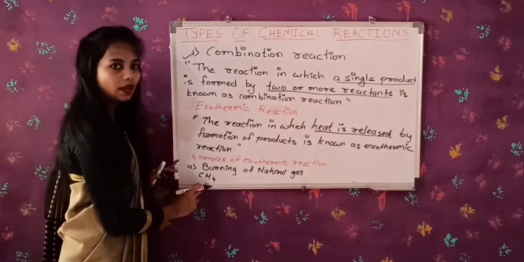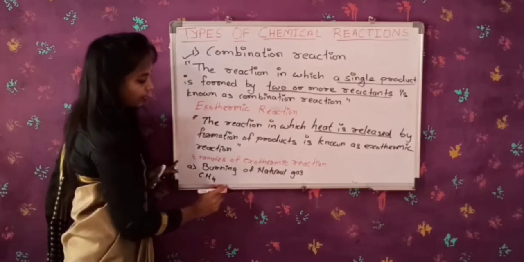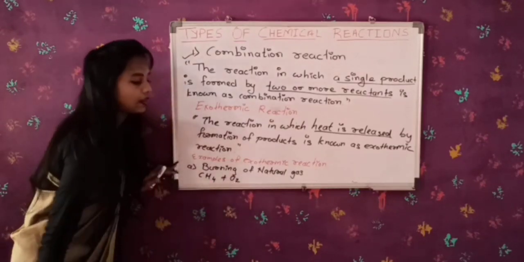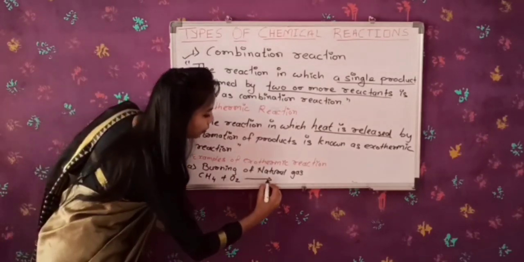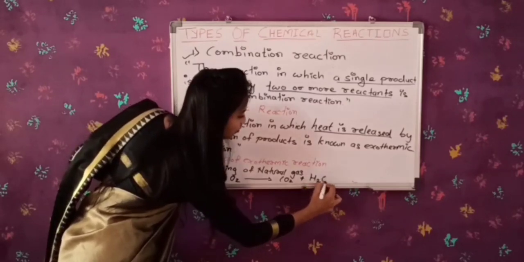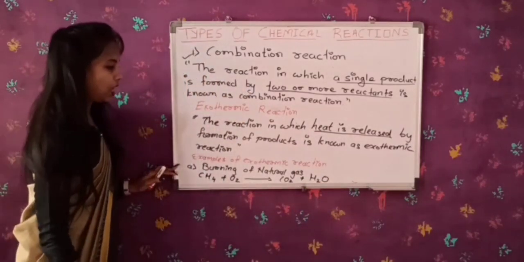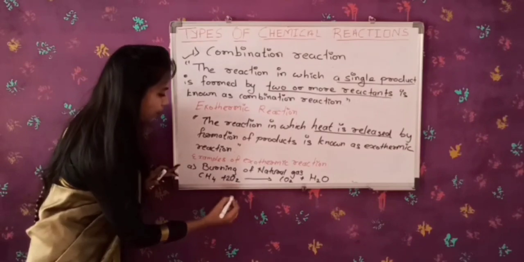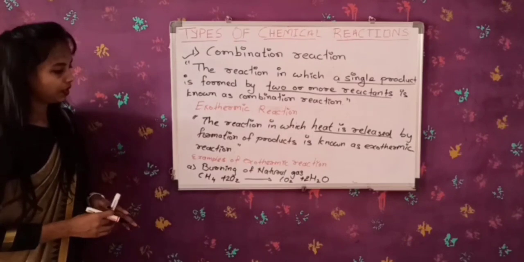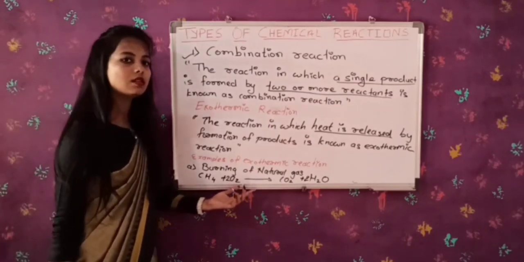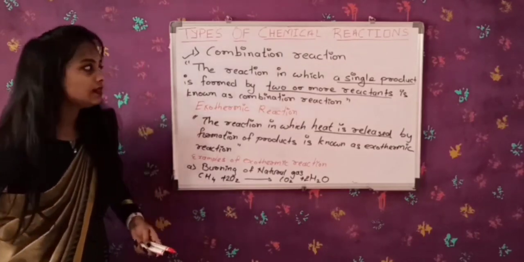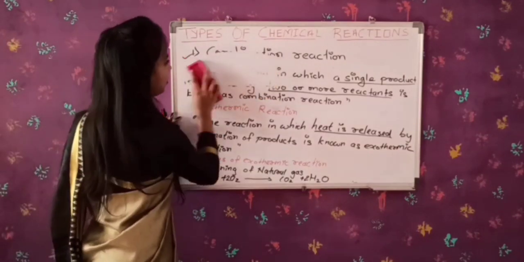Here it is a methane and it is known as natural gas. So here we have written burning, means it will react with oxygen, and it will give CO2 plus H2O. Now the balanced reaction, we are writing here 2 and here 2. So here the heat is released, thus this reaction is known as exothermic reaction.